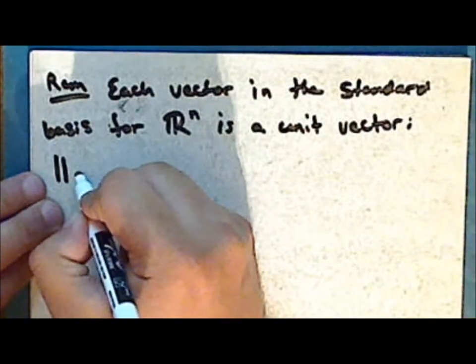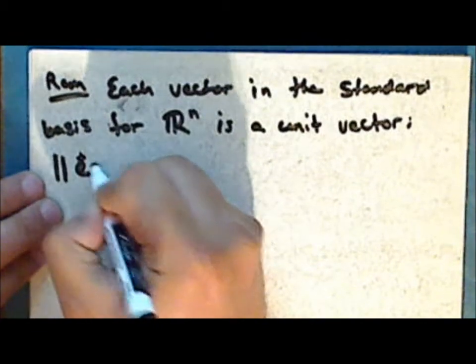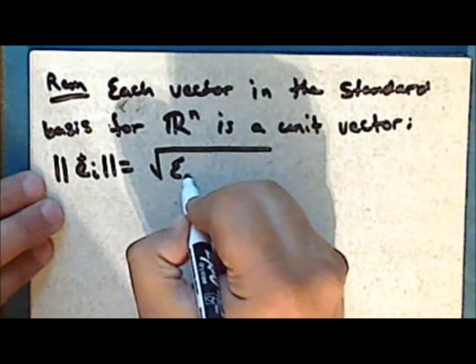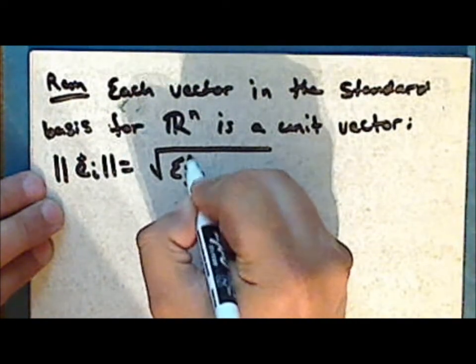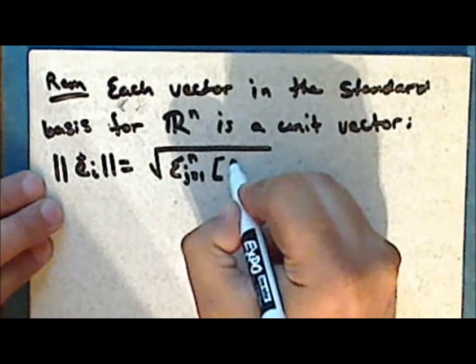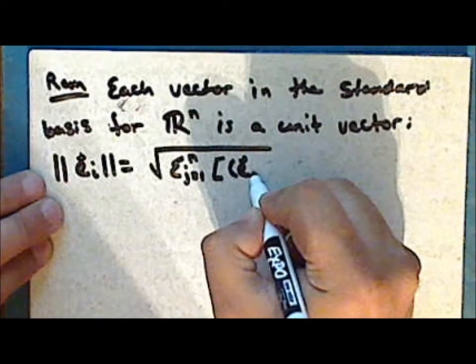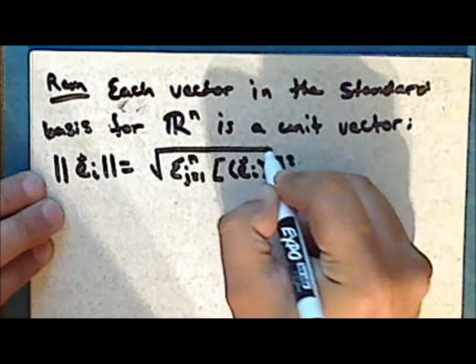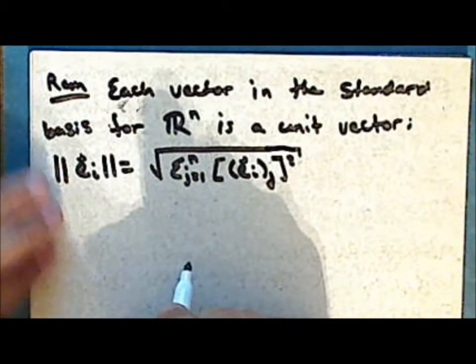The norm of the vector e sub i is the square root of the sum over the index j from 1 to n of the square of the components in the vector e sub i.